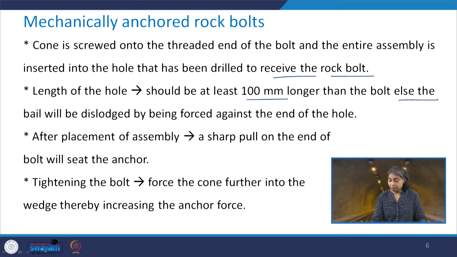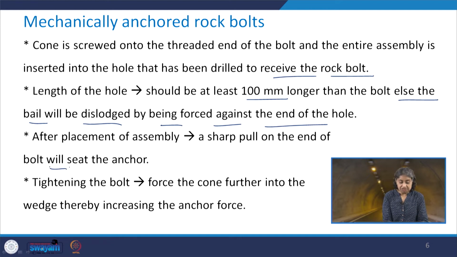Otherwise the bail will be dislodged by being forced against the end of the hole. After placing the assembly in the drill hole, we apply a sharp pull on the end of the bolt.